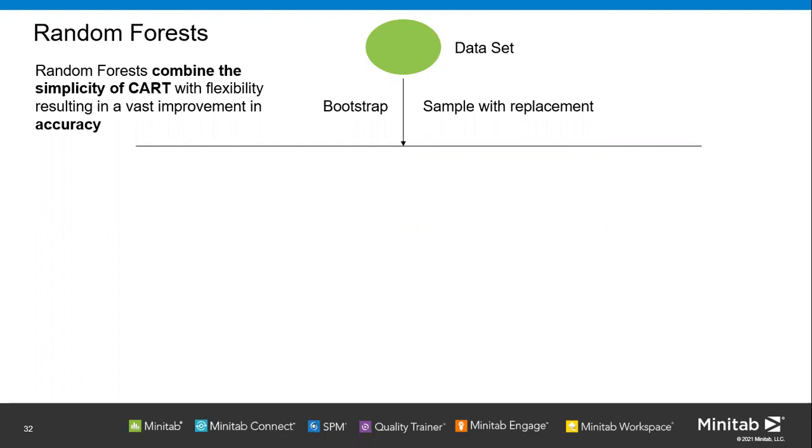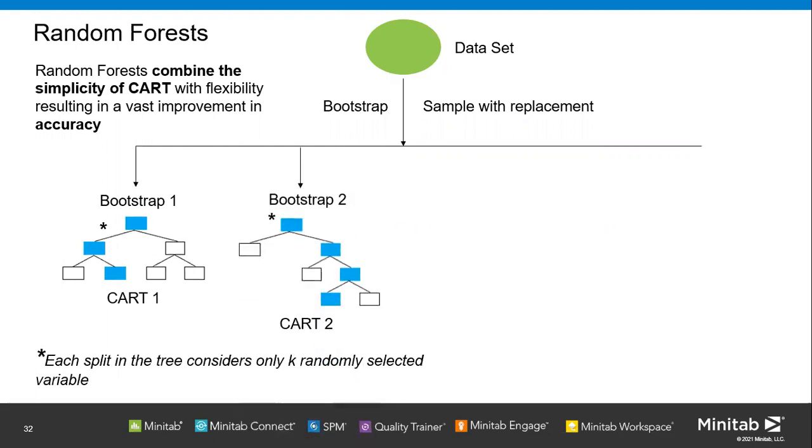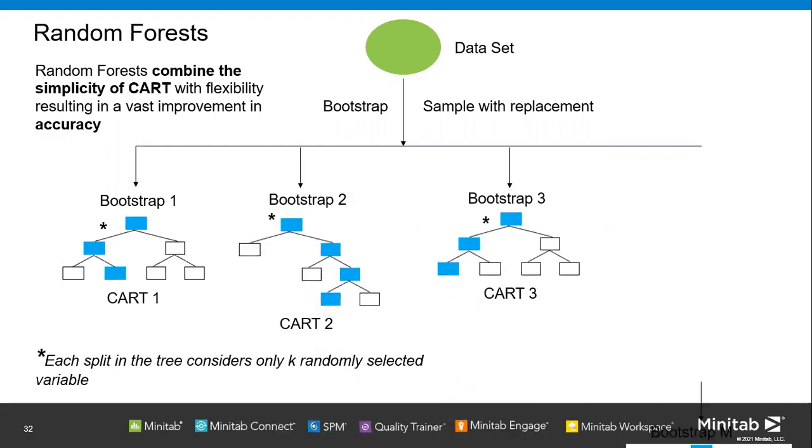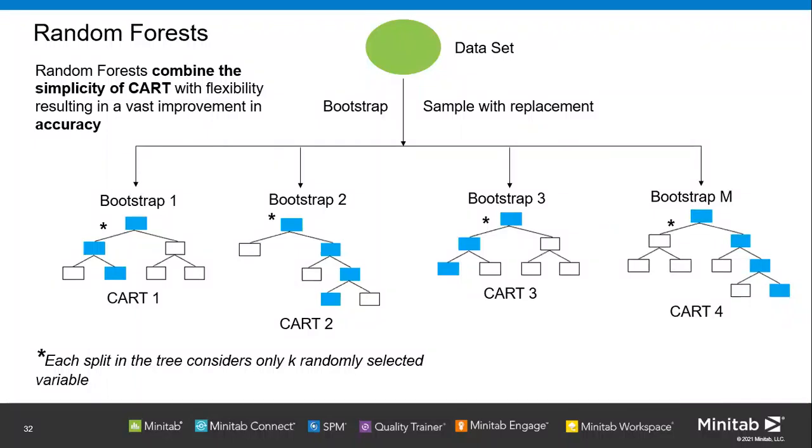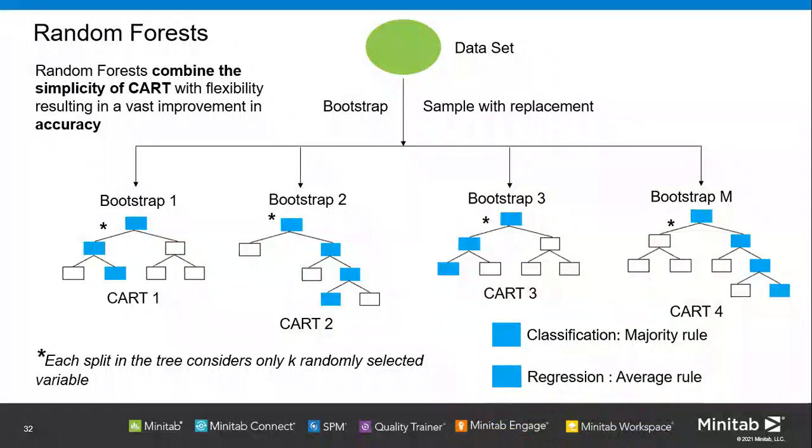Then they come up with another trial and a new tree from bootstrap 2, then bootstrap 3, and so on. They combine them together: for classification they go for the majority vote, and for regression they go for the average. This is how they go from a single CART to multiple trees using bootstrapping.